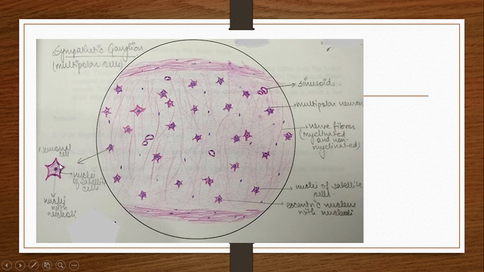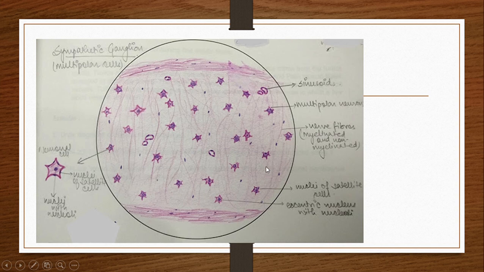They provide structural support and metabolic support to the neuron that they surround. They insulate the neurons and provide efficient metabolic exchange. So that is the function of the satellite cells. The satellite cells can be represented by small dots at the cell walls.